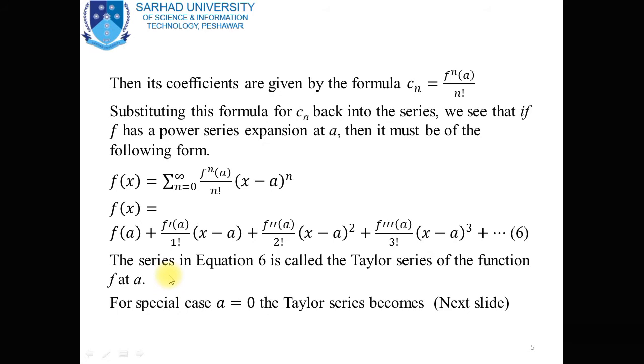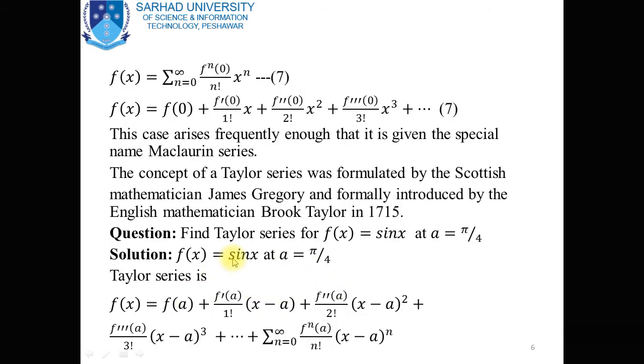For the special case a is equal to 0, the Taylor series becomes, and in the next slide you see over here, f of x is equal to sigma n is equal to 0 up to infinity of the nth derivative of the function at x is equal to 0 divided by n factorial into x power n.